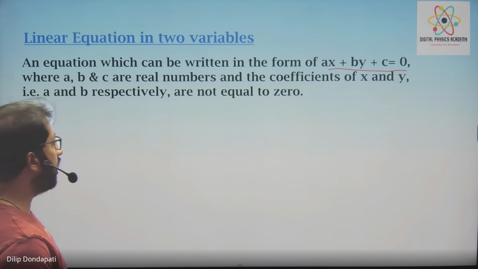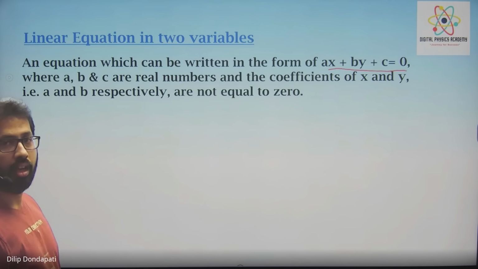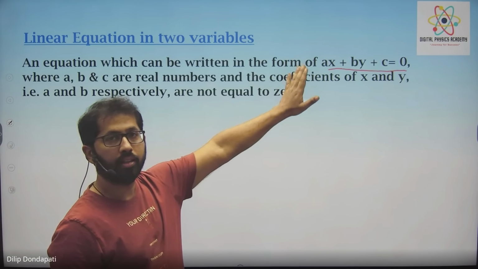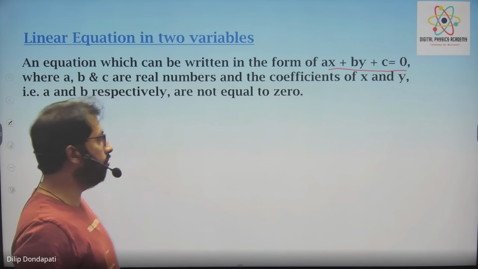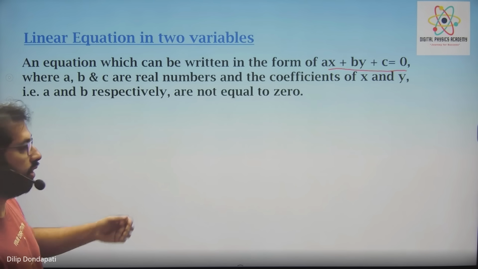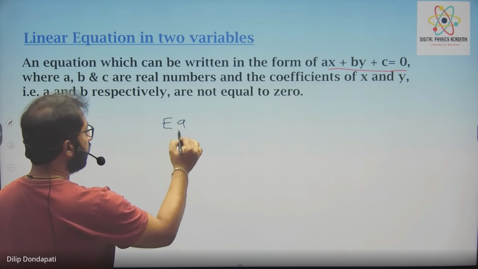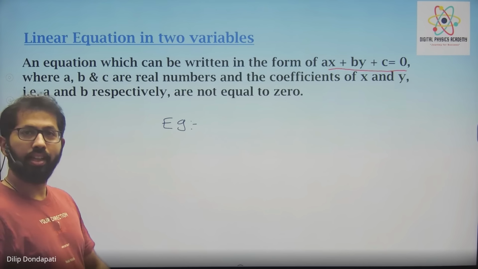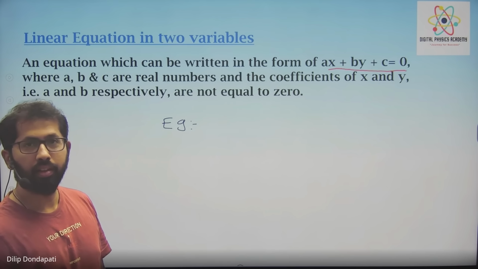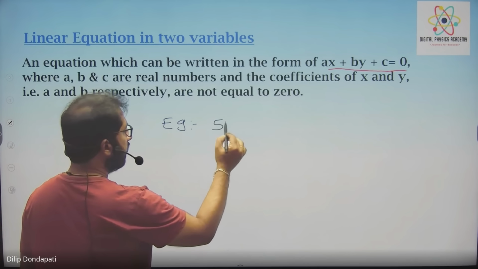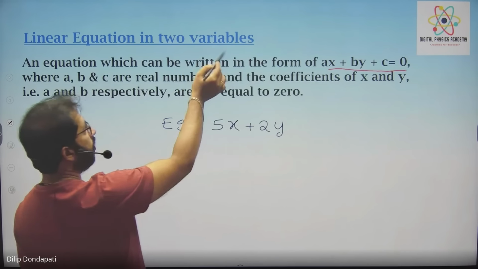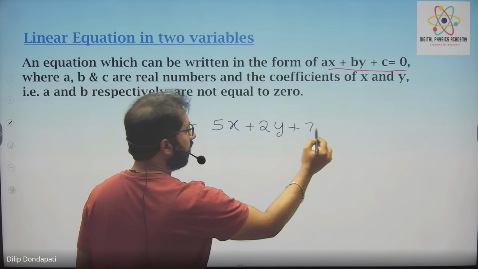So what is the general equation? ax plus by plus c. Always to solve the equation, we have to bring it into this format only: ax plus by plus c is equal to 0. Example: any equation with x, y and some constant number, like 5x plus 2y plus 7 equal to 0.